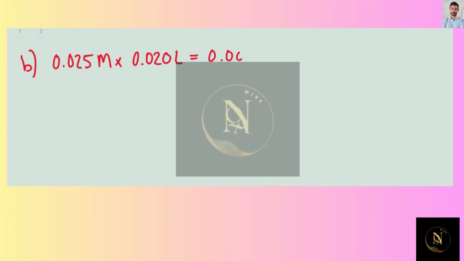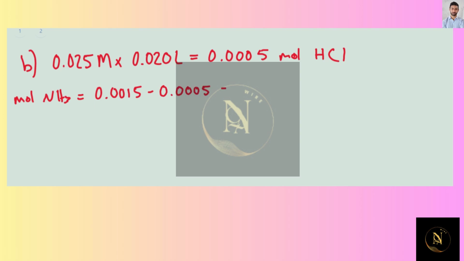That gives us 0.0005 moles of HCl, which we can subtract from the moles of NH3 that we initially had to find the moles of NH3 that we have left. So this gives us a value of 0.001 moles of NH3 remaining.